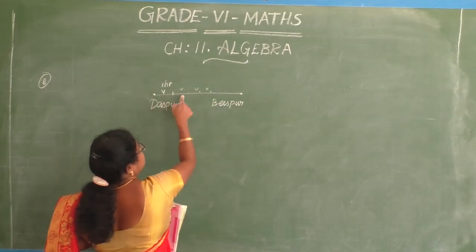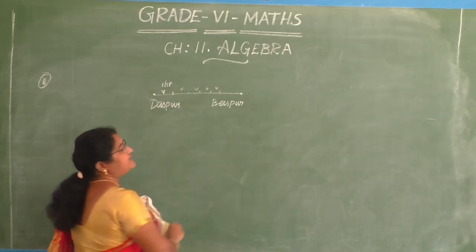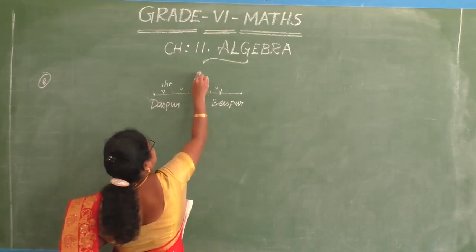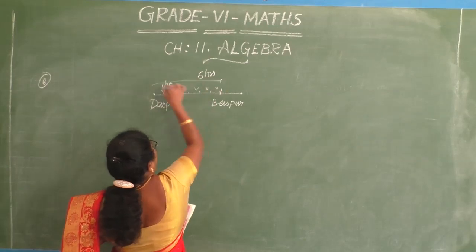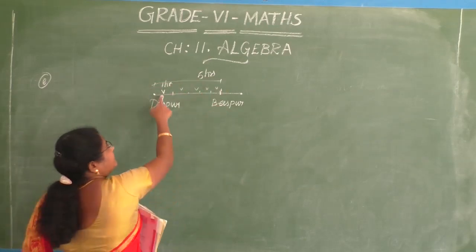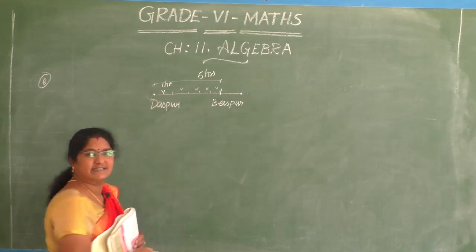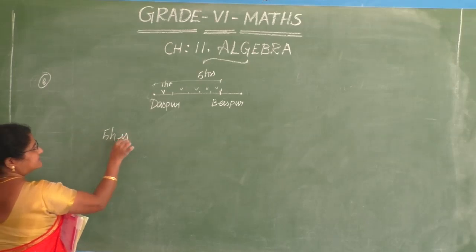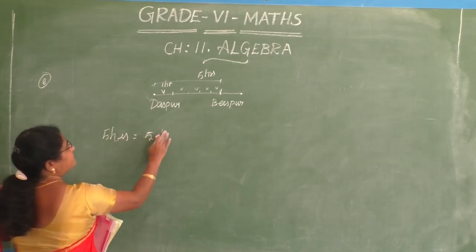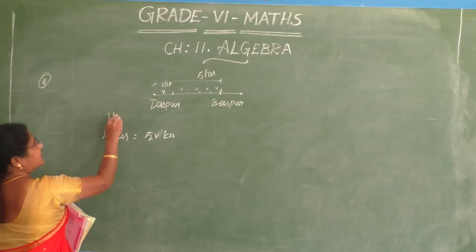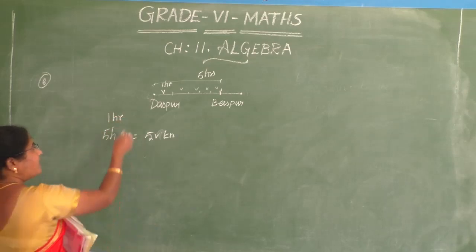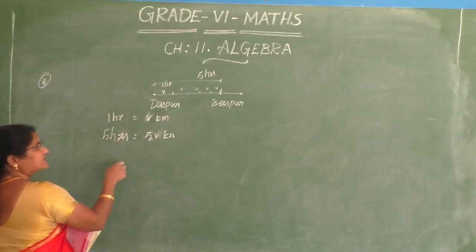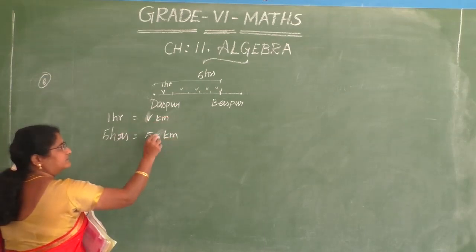For each hour, 1 hour, 2 hour, 3 hour, 4 hour, 5 hour, it is v. So at the time of 5 hours, how many kilometer? 5v, isn't it? So in 5 hours it travels 5v kilometer.